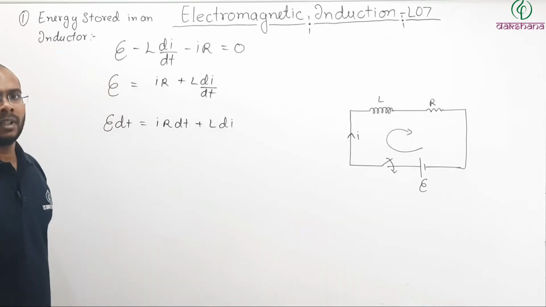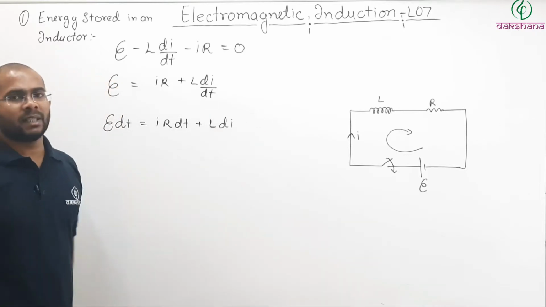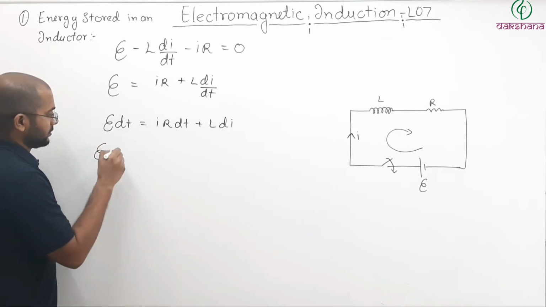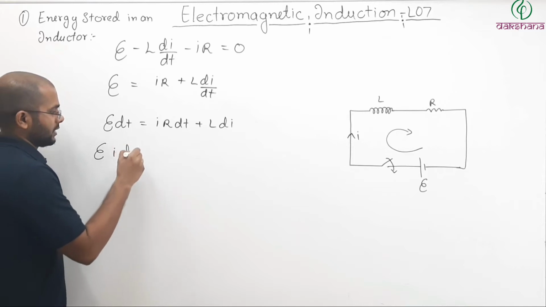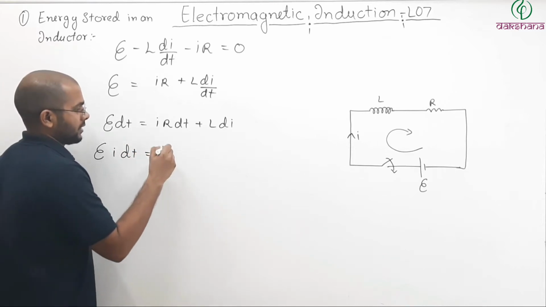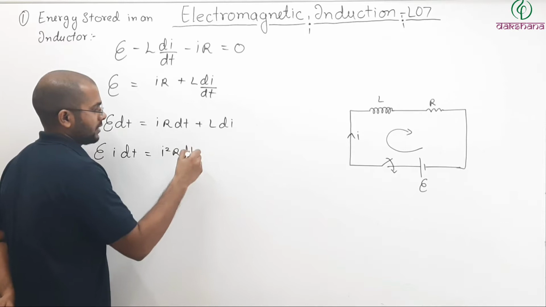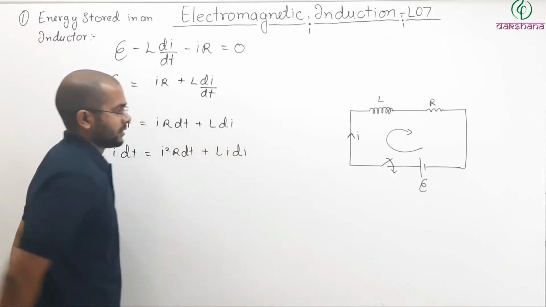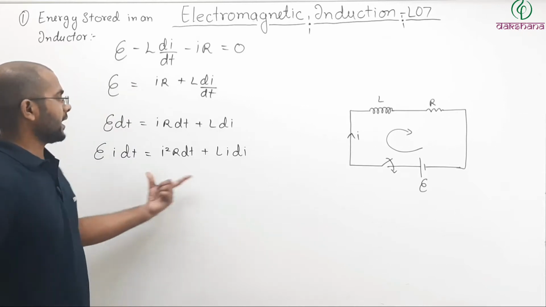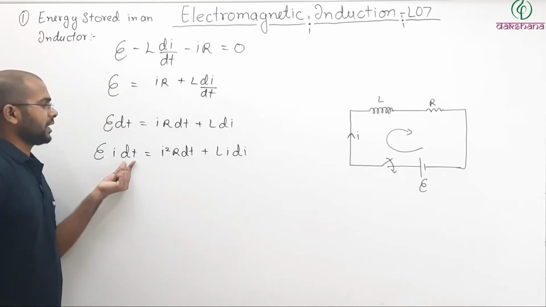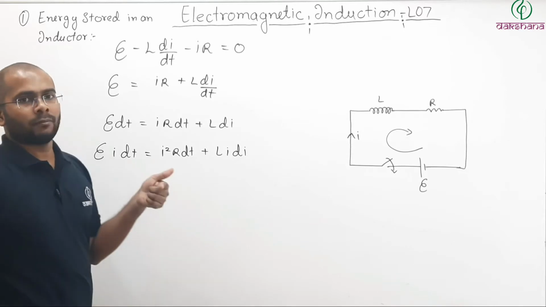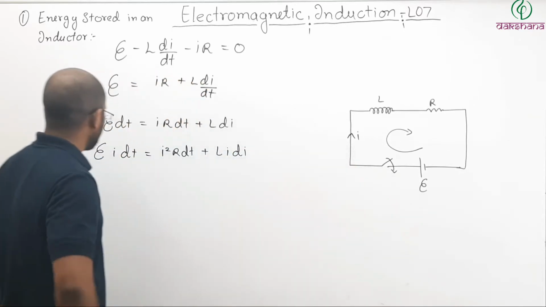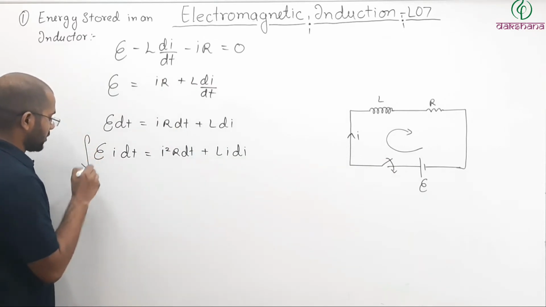Let us again multiply both sides by I. What I will get is EMF I dt equals I square R dt plus L I di. Now if I integrate this, dt will vary from where? Initially at t equal to 0 the switch is closed, so t will vary from 0 to t.